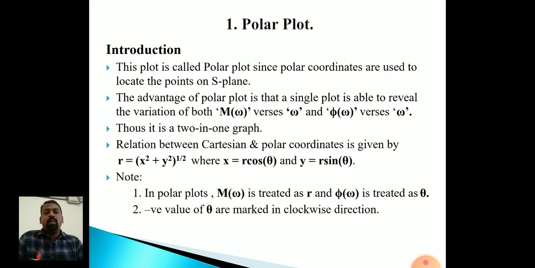Minus 90 in the polar plot is the same as 270 in the Cartesian, which is anti-clockwise, but here in the clockwise direction we mark minus 90, minus 180 and so on.